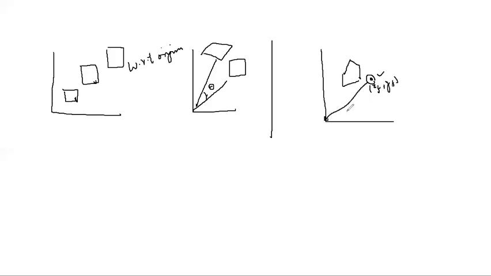To bring the point back to the origin, we translate by minus xf and minus yf. With this value we translate the points, so the matrix will be written as 1, 1, 1 with minus xf and minus yf.